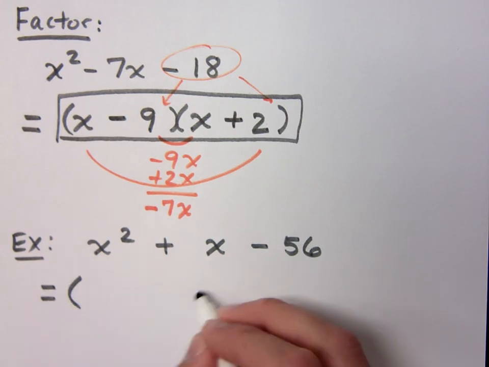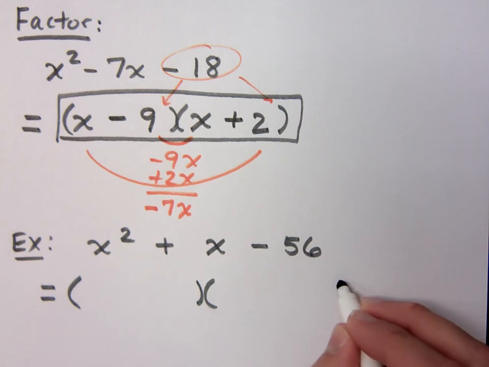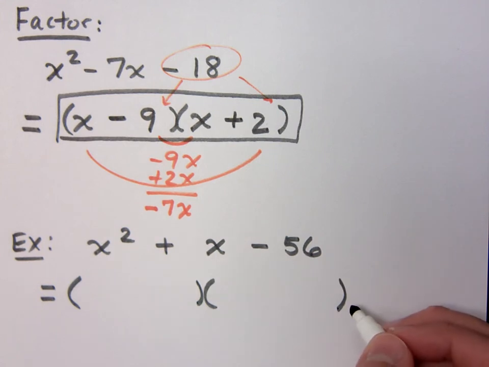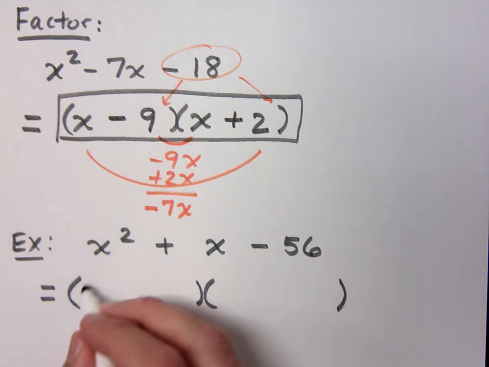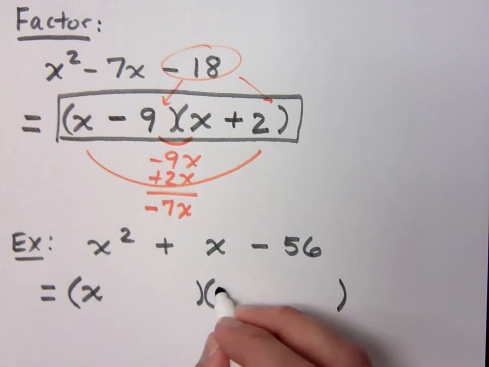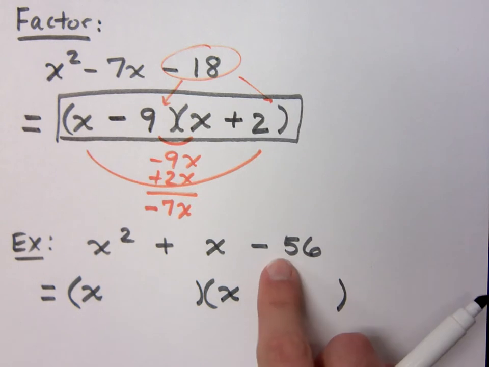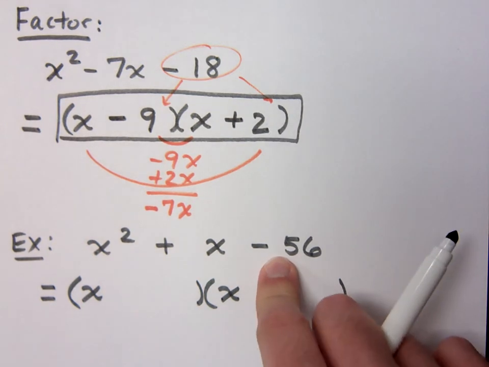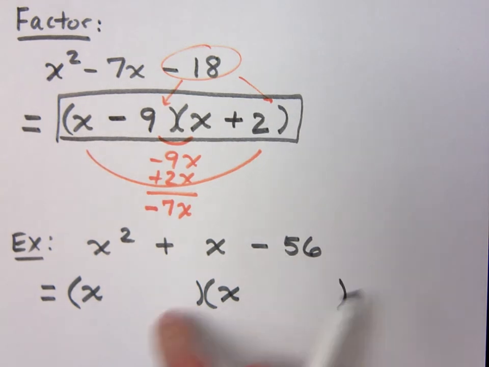Nope. So this is a trinomial. I expect it to factor as 2 binomial factors. Start with the easy piece. What do you know? x squared is going to break down at the beginning to be x times x. Now I'm trying to break down this constant here, this negative 56, and its factors will populate the last piece of each of these binomials.